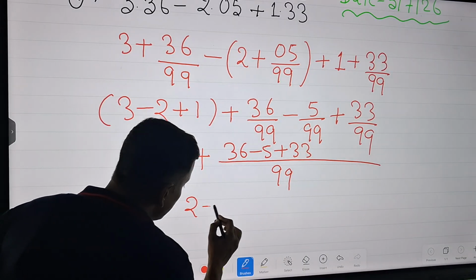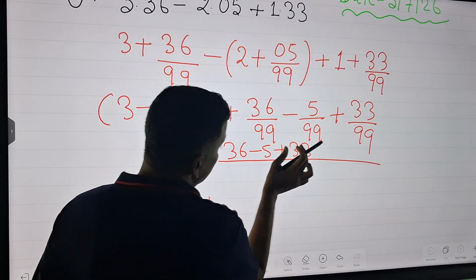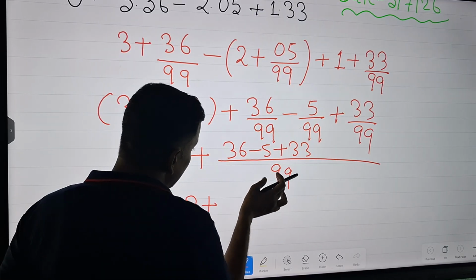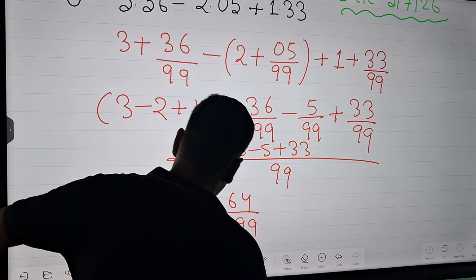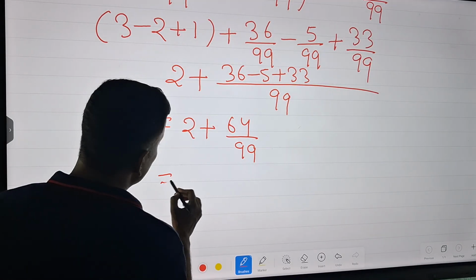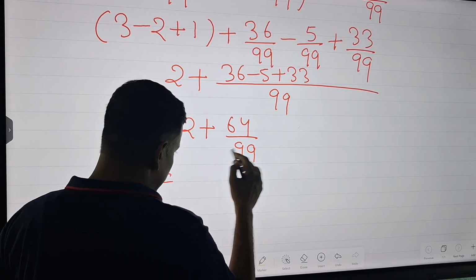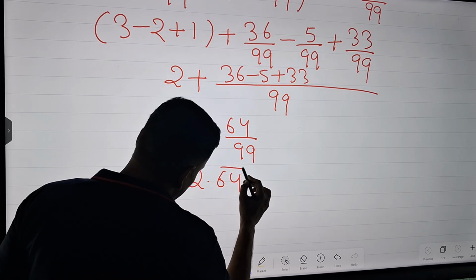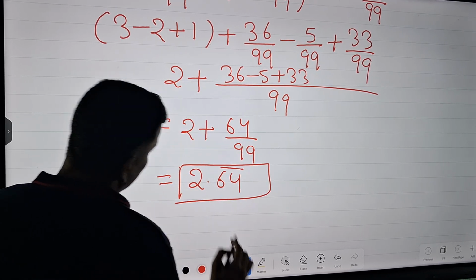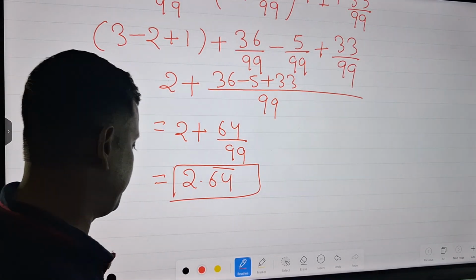It will be 2 plus 36 plus 33, 69, minus 5, 64 by 99, and this is the final answer. You can write it in recurring form: 2.64 recurring, and this is the final answer for this question.